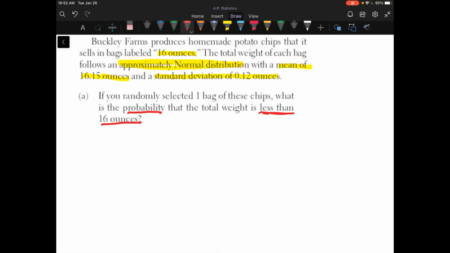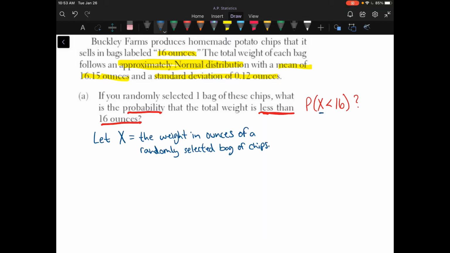So we're trying to answer the probability that, we'll use the random variable, X is less than 16. All right, that's what we're trying to answer. So let X equal the weight in ounces of a randomly selected bag of chips. We know that X is approximately normal.